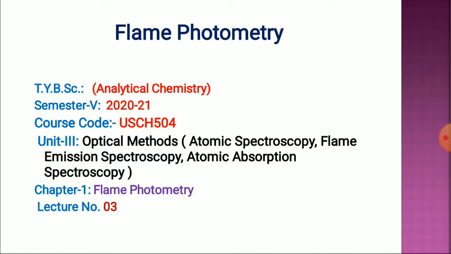The major components are the burner, collimating lens or mirror, entrance and exit slits, monochromator, detector as a photocell, DC electronic amplifier, and readout device.